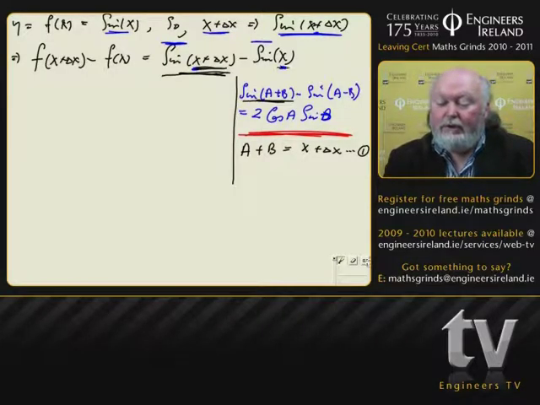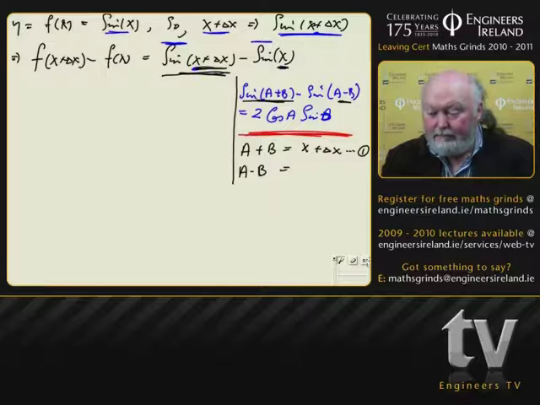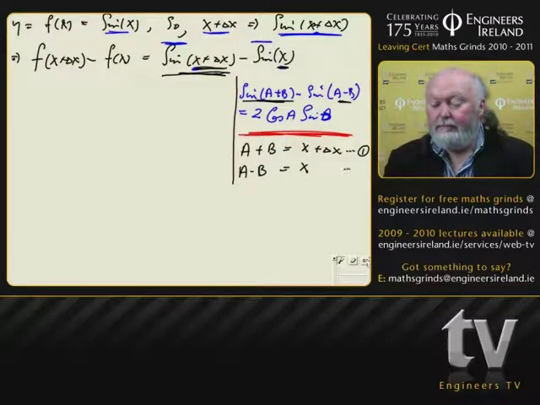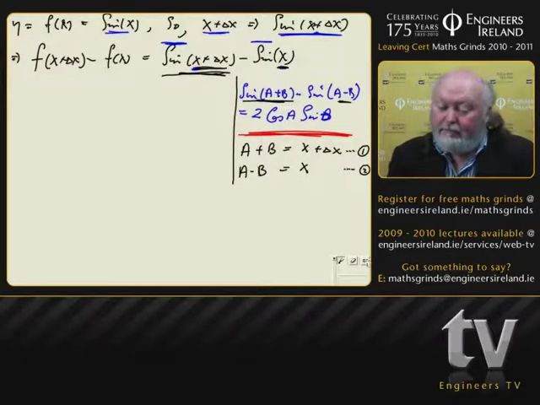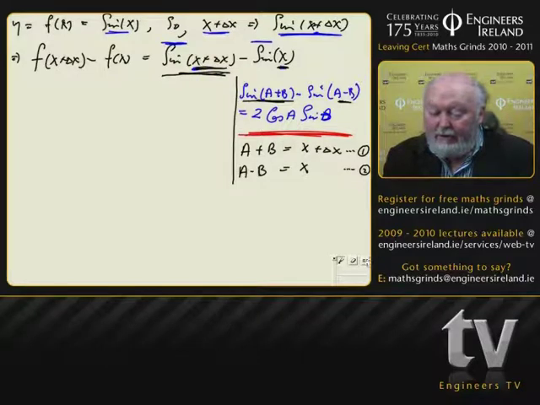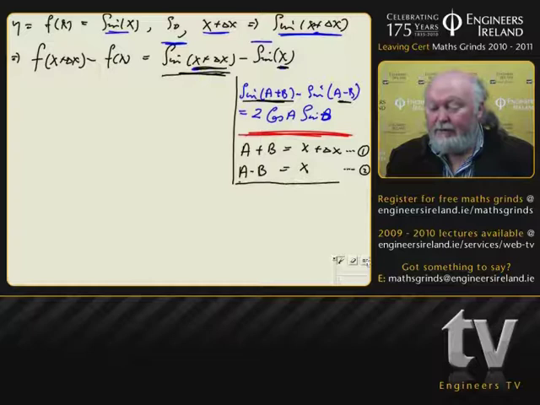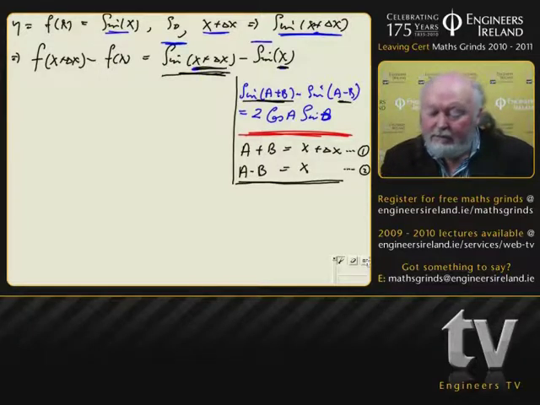We know that this second one is A minus B. And we can recognize very quickly that if we just add these two equations, we'll get ourselves a nice little result.